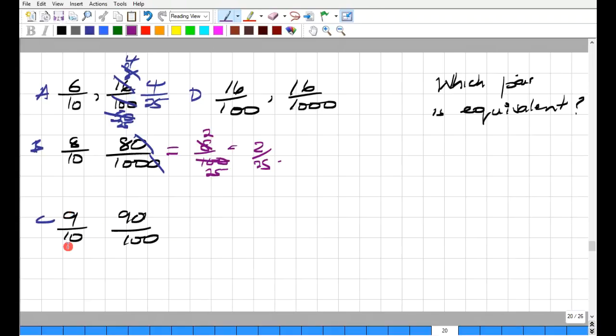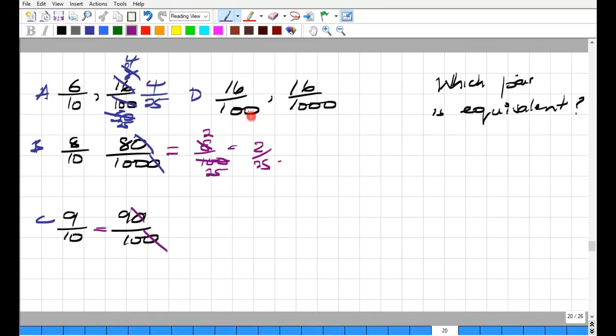We have 9 tenths and 90 over 100. We could say 0 cancels 0. Automatically, I see that we seem to be equal here. Let's check the last one.